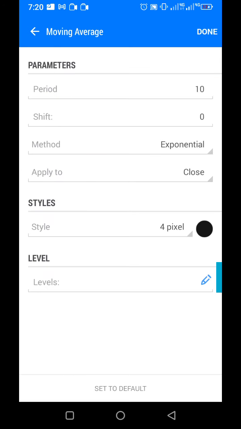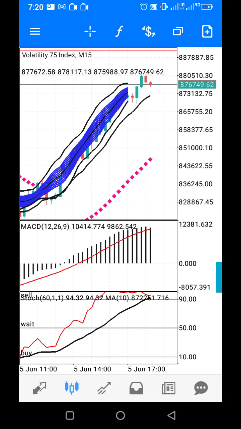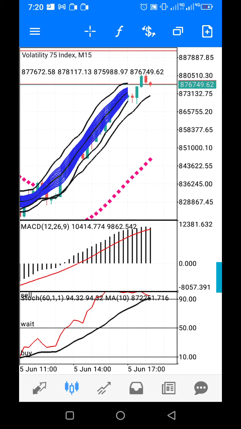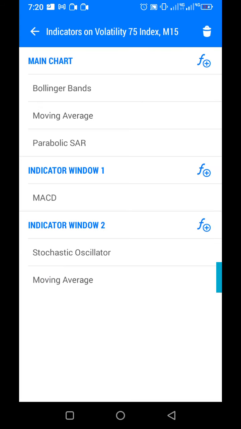Okay, my moving average, I'm redoing the moving average on my stochastic oscillator. Yes, this is black, this is it here, this is the stochastic oscillator down here. I want my moving average to be on it. This one up here, I'm going to remove it now, the one on the main chart.